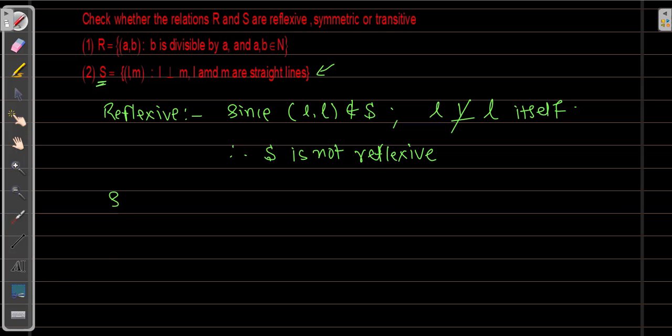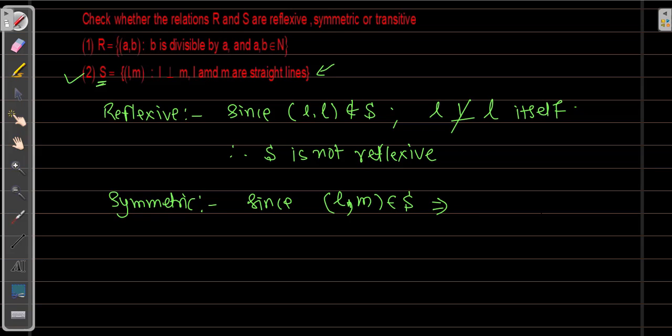Now, what about symmetry? Whether our relation is symmetric? If we take the ordered pair (L, M) belongs to our relation S, what does it imply?